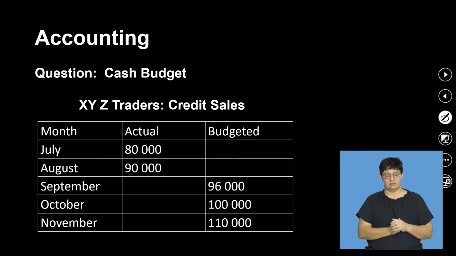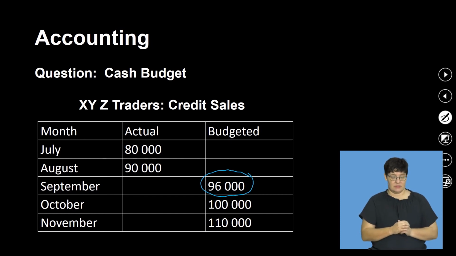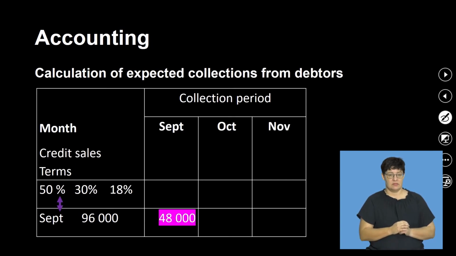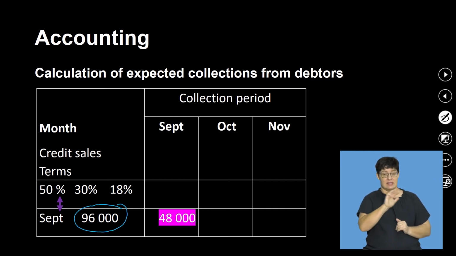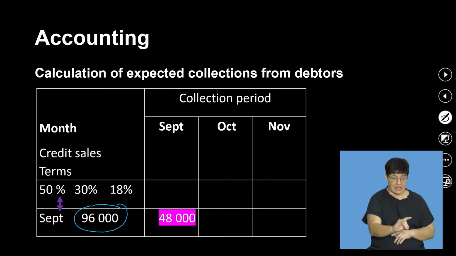The next month that we are dealing with is September. If we look at our expected collection from our debtors, we're starting with the September sale, which was 96,000. We've identified it. What was the important factor? It's the credit sale, not total sales, not cash sales, but credit sales.